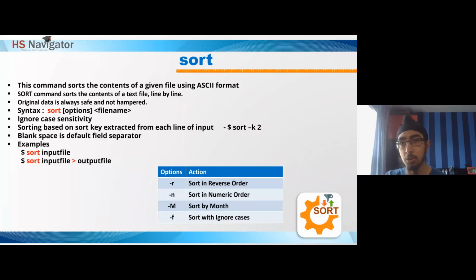If you don't just want it outputted, and you want to actually write the sorted data into a new file, you have to use a redirection operator, because like I said before, it doesn't change the original data; it just outputs it. Some of the options you have: you can sort in reverse order, numeric order, by month if you have date formats, and you can ignore cases.